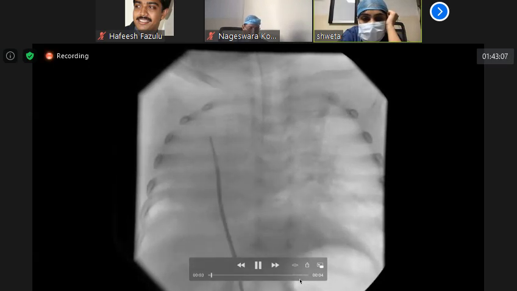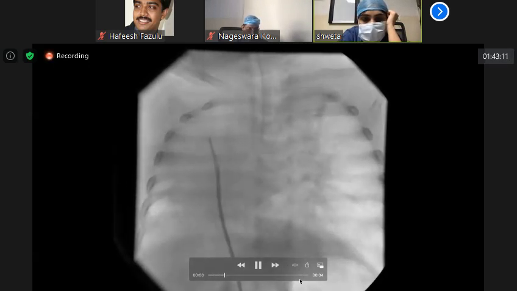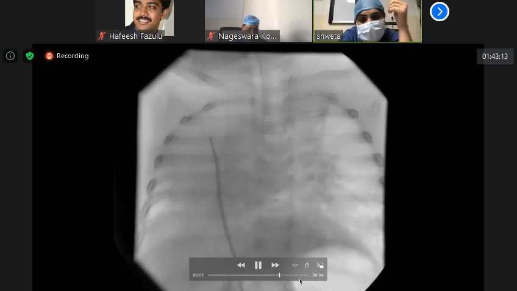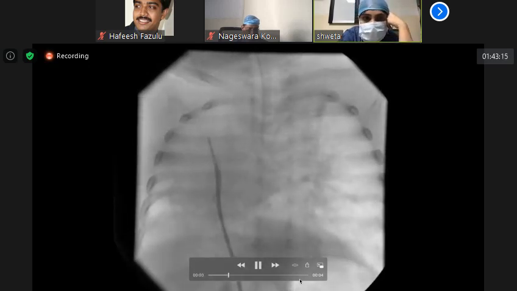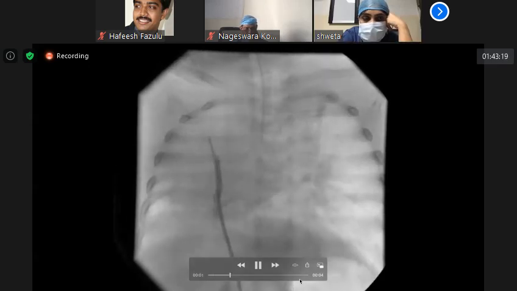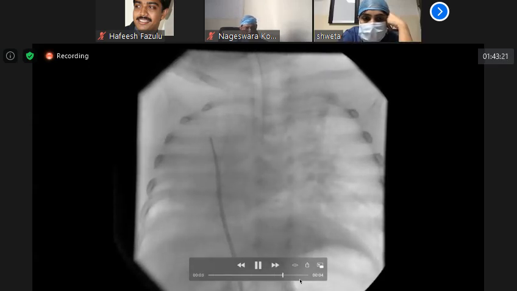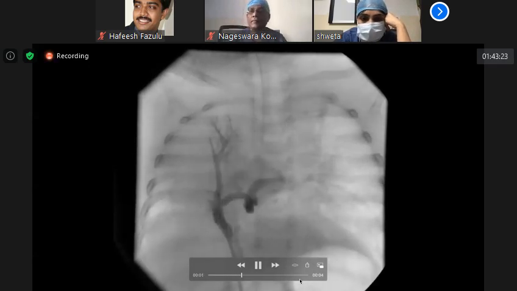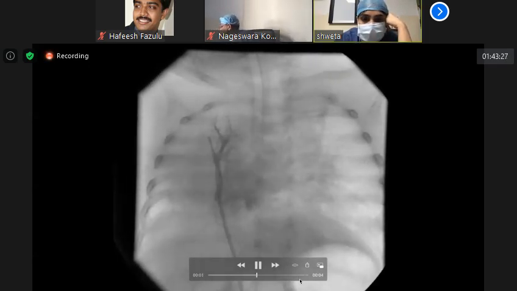Because it's a dextrocardia, is it possible it entered into the RA, RV? Because you can't orient yourself really here. The catheter course is almost straight, ma'am. Can you see when you have injected?